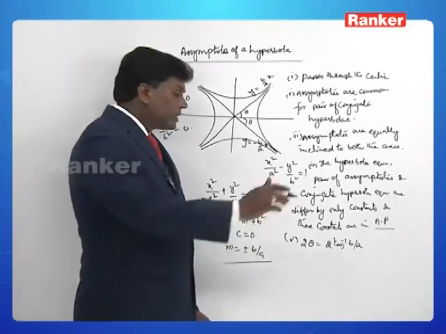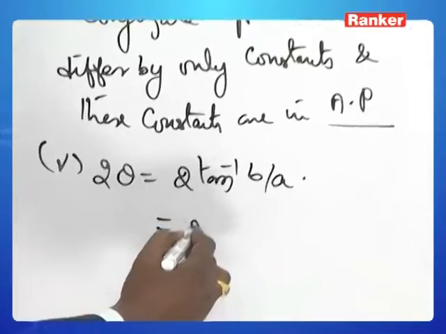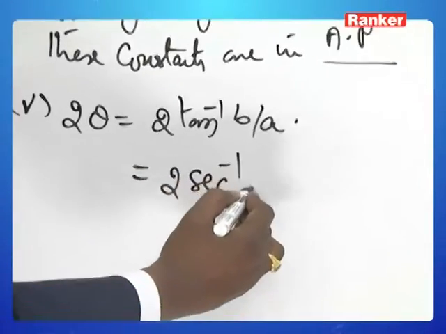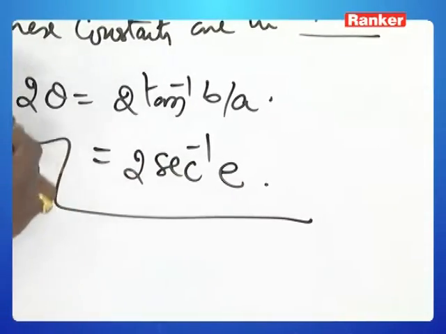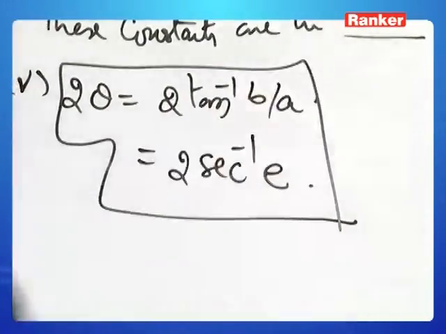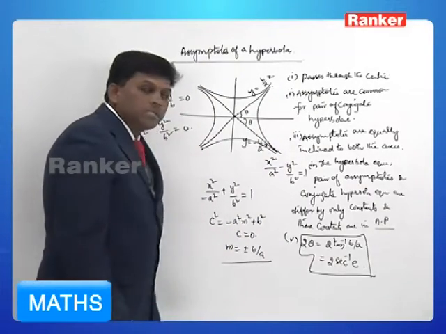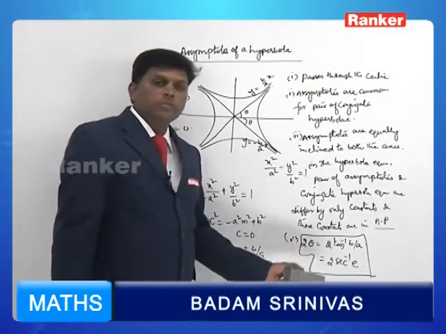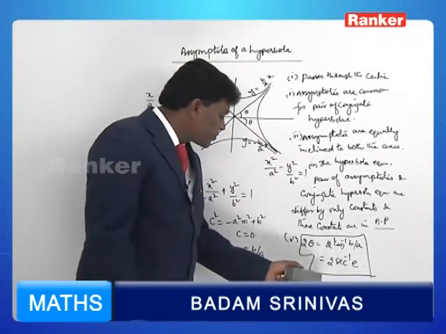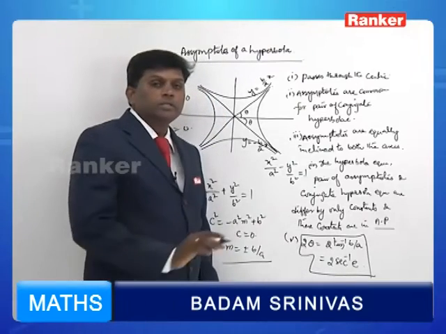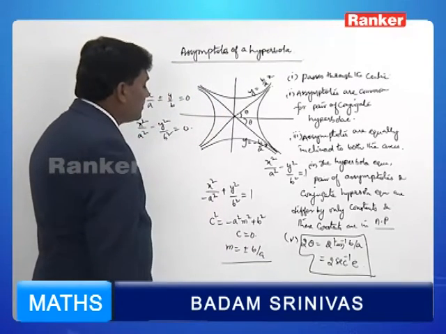Converting tan inverse into secant inverse, we get 2 secant inverse e also. We get a direct relation between eccentricity and angle between asymptotes. A very useful shortcut technique for solving some problems in general hyperbola.